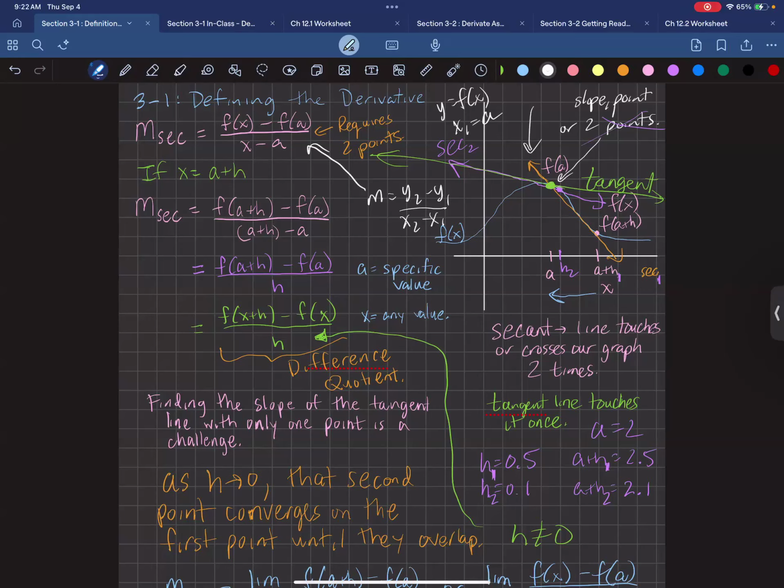That's the only difference right here. And so we have a couple ways of doing that. We can do a is our first point, and a plus h is our second point, which is the setup we have here to find the secant line.